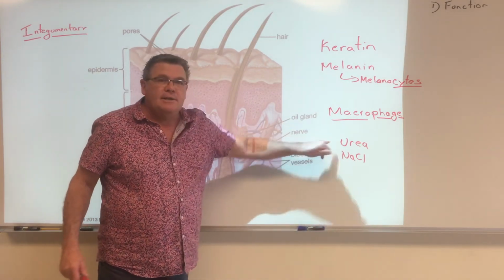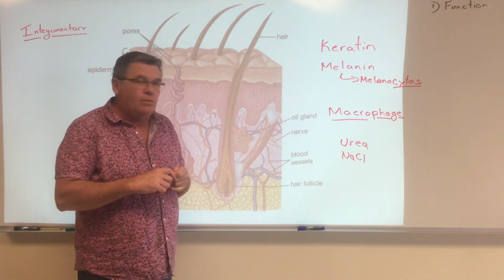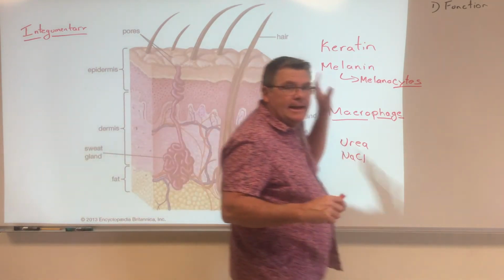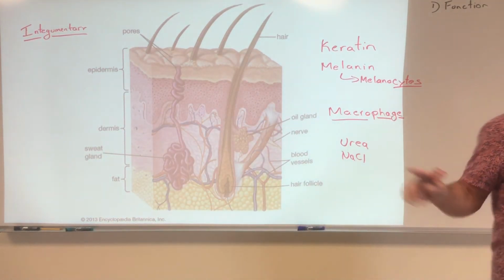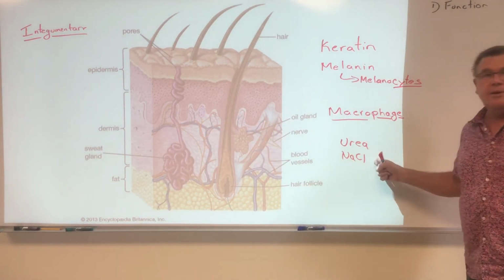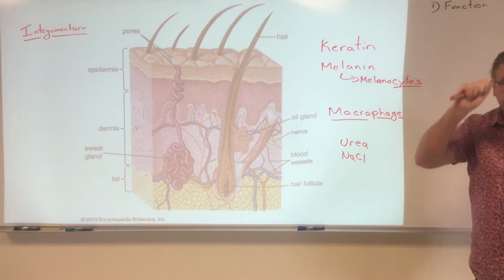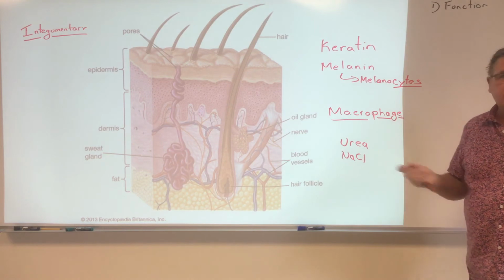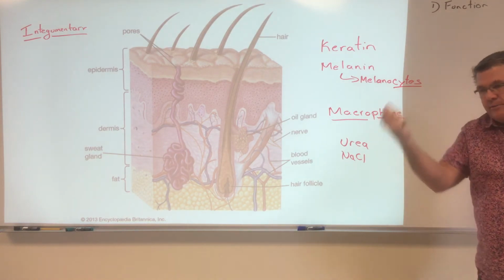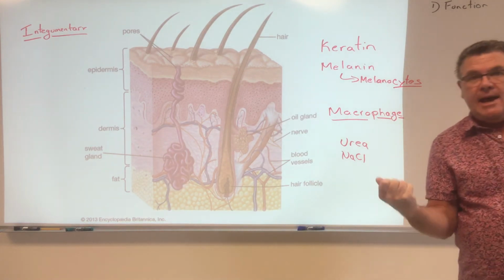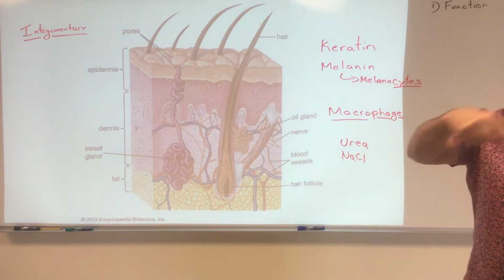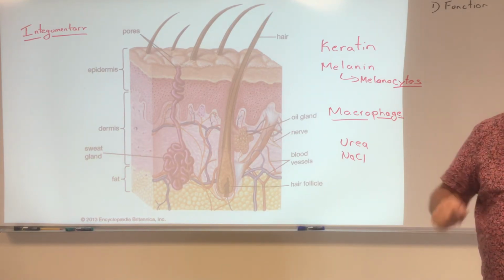So, urea is a nitrogen-based waste, and we secrete it onto the surface along with sweat. Salt, if you work outside in the summer, if you've ever thrown on a bandana or a baseball hat, and then you've worked really hard and sweated like crazy, you might have recognized that after you take the hat off and it dries, you're going to have a salt layer all the way around the outside of it.